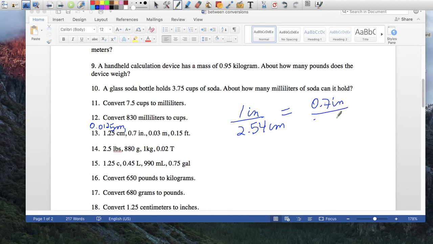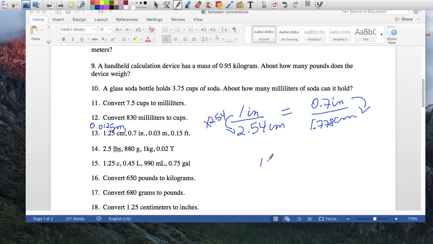And how many centimeters is that? I have no idea. Let's find out. So we're going this way, which is times 2.54. We're going to multiply 0.7 times 2.54, and that's going to give us 1.778 centimeters.